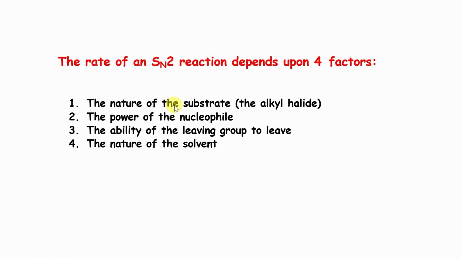Then the next factor is the power of the nucleophile. The third factor is the ability of the leaving group to leave. And the last factor is the nature of the solvent. These are the 4 important factors that affect the rate of SN2 reaction. We can discuss each of these factors in detail.